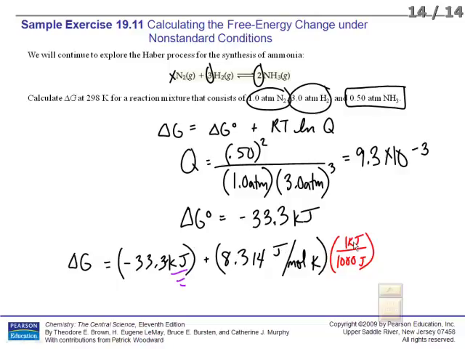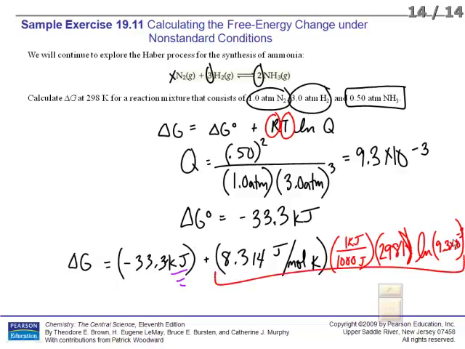Let's see, you've got to do your temperature. So I'm looking right here, R, now we got to do our temperature. It's at 298 K. Let's see, what else we got to do? The ln of the Q. And then you've got to do natural log of 9.3 times 10 to the negative third. Okay, guys, be careful how you tackle this. If I were you, I would do this expression first and solve for that number so that you can add it to that front value.